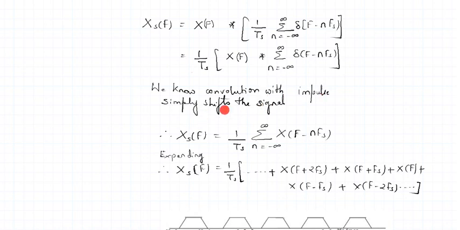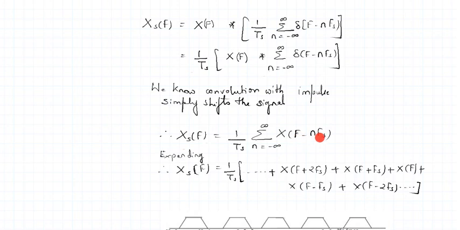So convolution of X of f with the shifted impulses results in the input signal shifted by these frequencies. Instead of this convolution, we can express it as the signal spectrum X of f shifted at these frequency instants. So it becomes X of f minus n fs.